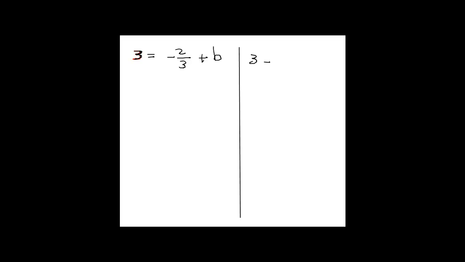If I had 3 is equal to minus 2/3 times b, this is where you multiply by the reciprocal. When a number multiplies the variable, you have to multiply both sides by the reciprocal of the coefficient. In this case, you would multiply both sides by -3/2 and proceed. That's what you were thinking.